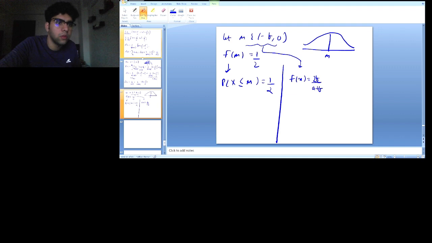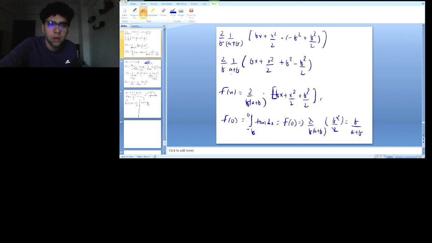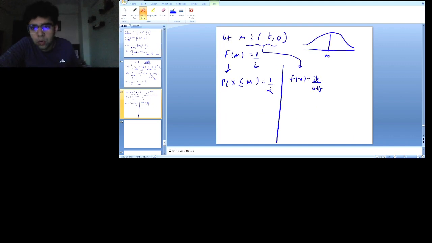We just found this earlier. This is the CDF for any x lying between minus b and 0: 2 upon b, a plus b into bx plus x square by 2, plus b square by 2.